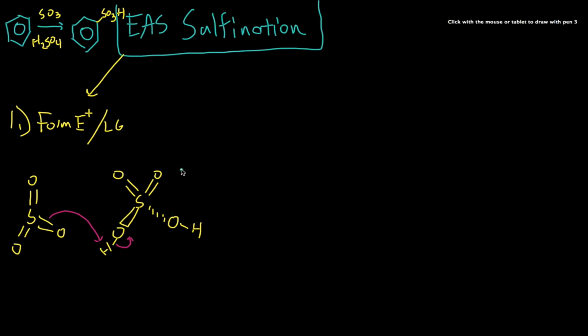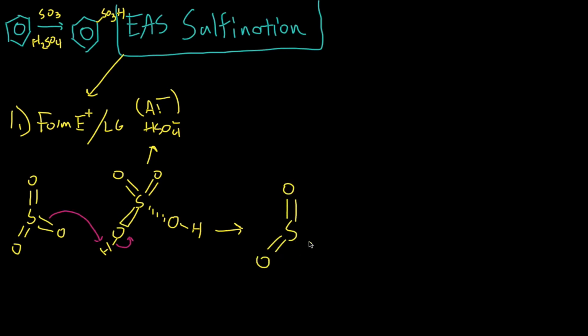This floats off in our mixture as HSO4 minus, which we're going to abbreviate as just A, because that's the conjugate base of that acid. But what do we get out of this? We get a sulfur species that is really goofy looking. It now has a positive formal charge, and an oxygen and a hydroxy group attached to it.